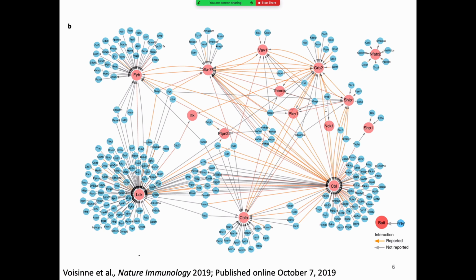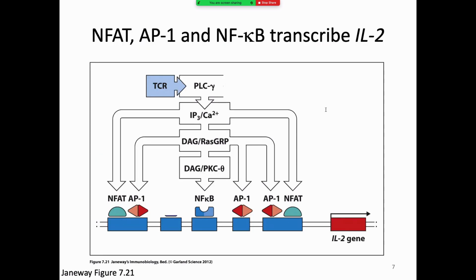When we are thinking about this signaling, we are going to have one major goal for our T cell. With all of the signaling I am telling you about right now, the goal is that we are going to turn on transcription of a particular gene. This gene is the IL-2 gene.